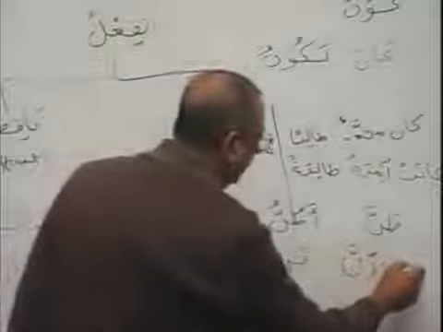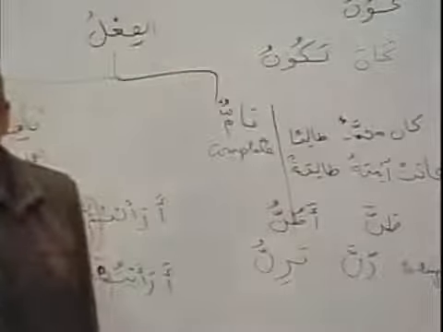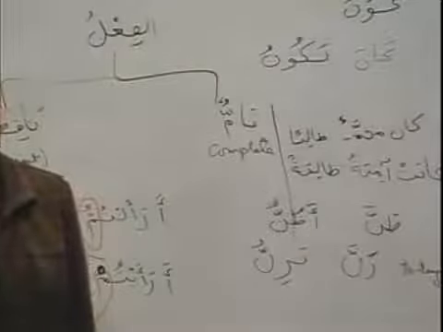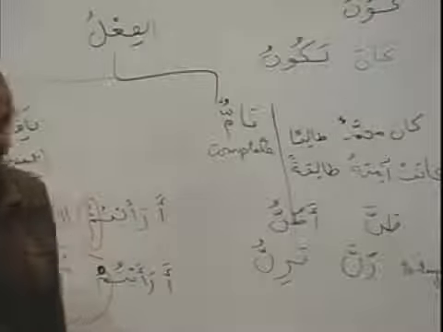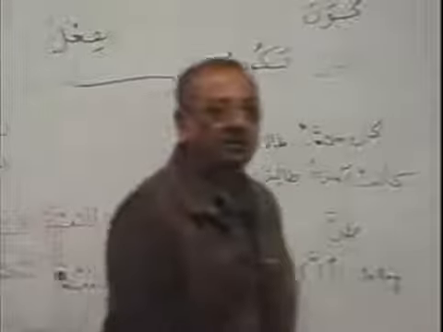To ring, or you can say to sound. The bell sounded. To sound or to ring. The telephone bell rings, the doorbell rings, or the doorbell sounds. Are you with me, brothers and sisters? Okay. Yarinnu is mudariya. What is madi? Ranna. You just keep it there in your book, okay.